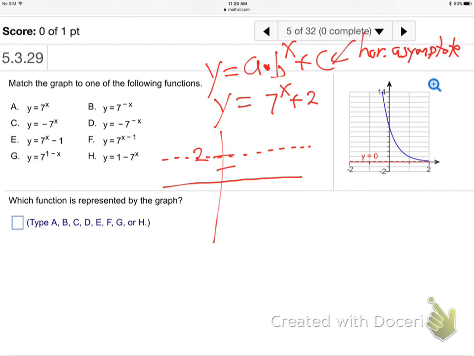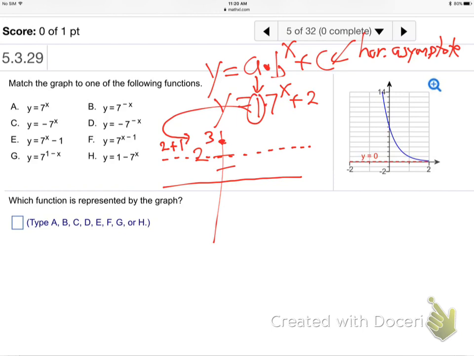And then whatever number is off to the front, what's the a on this one? 1, right? Because there's nothing there, so it's like there's a 1. That number is how far off of the horizontal the center point is. In other words, this is at 3 because it's 2 plus 1.